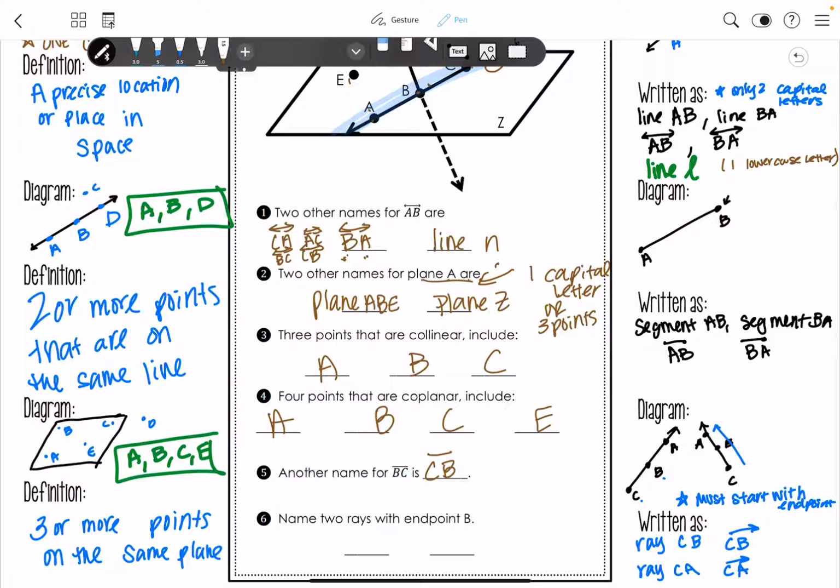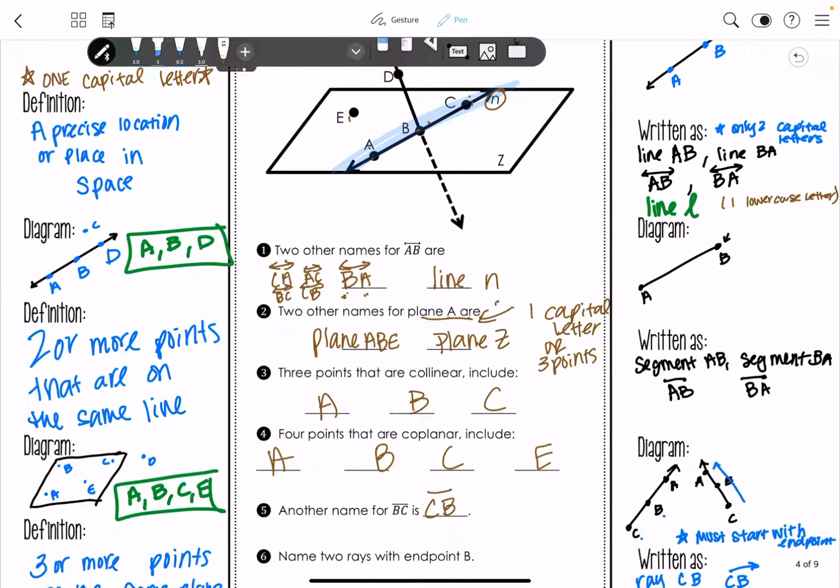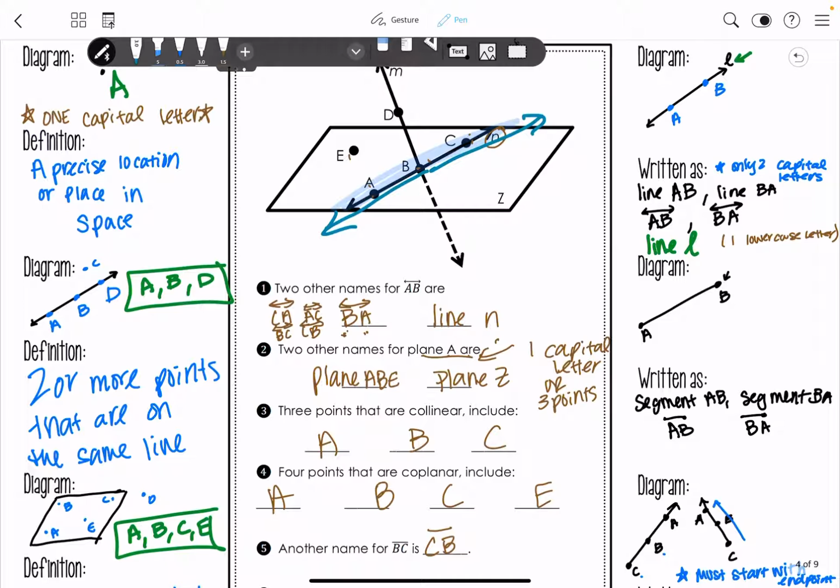Speaking of opposite directions, we're talking about naming 2 rays with endpoint B. So I want to point out these 2 rays in particular, ray BA and ray BC. Those are opposite rays. Pretty much they're going in opposite directions. They make a line, but they are going in opposite directions of each other.